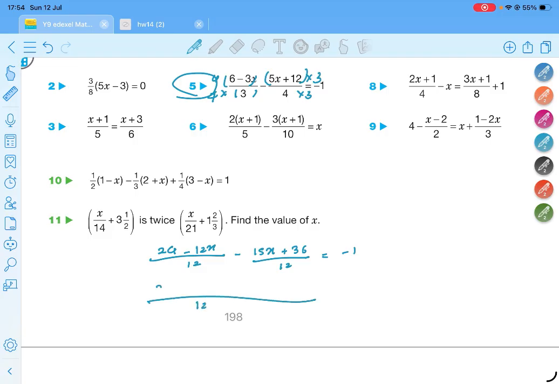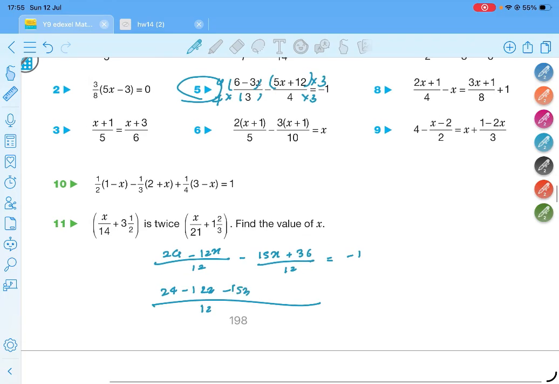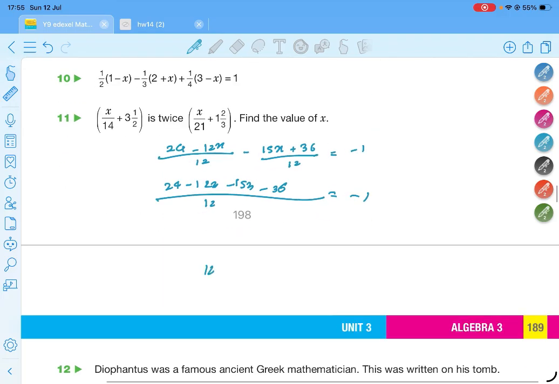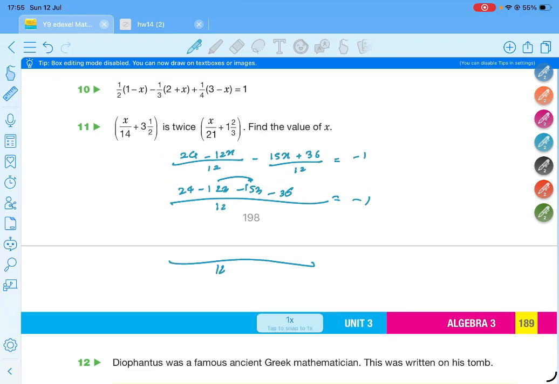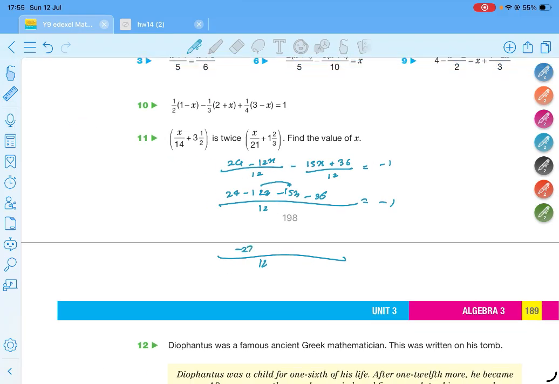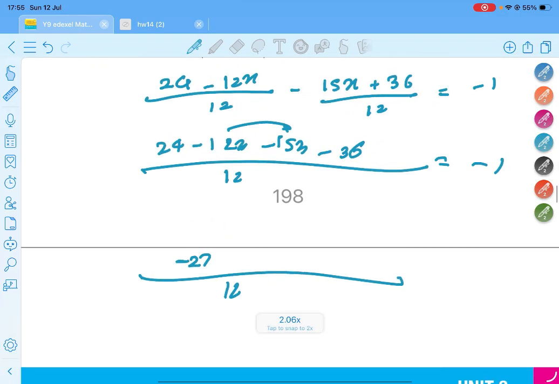Take at the 1, 24 minus 12x. Signs are changed, positive becomes negative 15x, positive becomes negative 36. Then what happened? 12 over, then I got to simplify minus 27x, right? Then again minus 60.